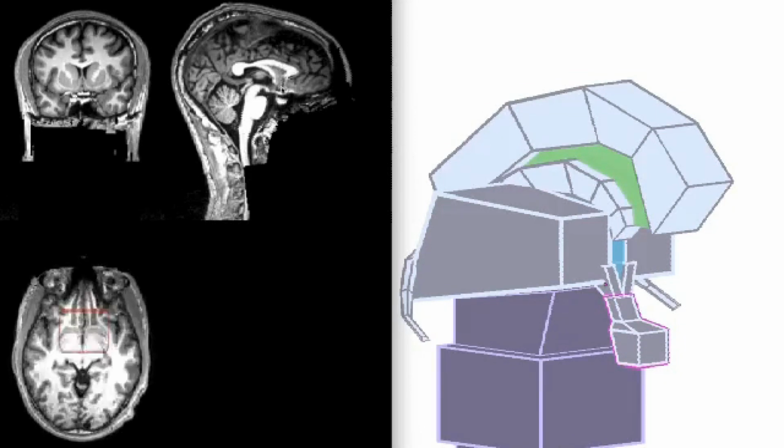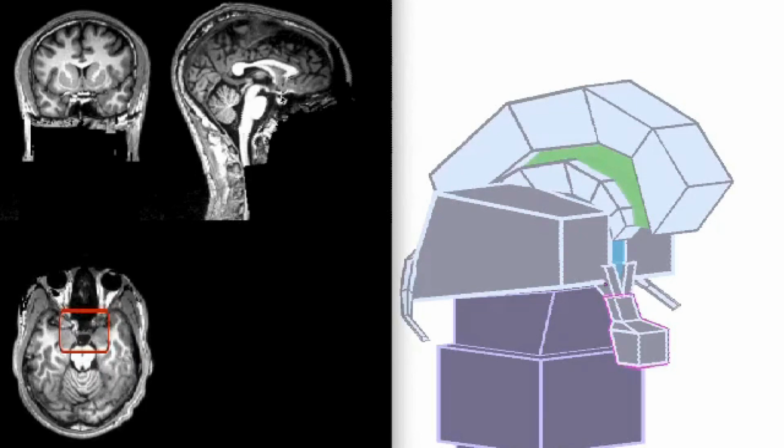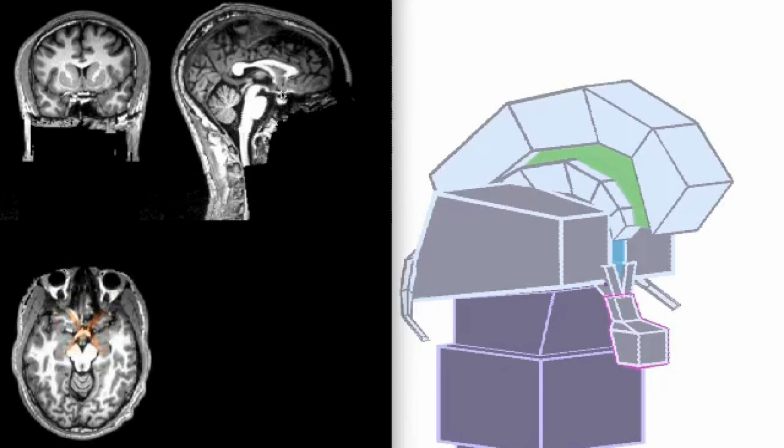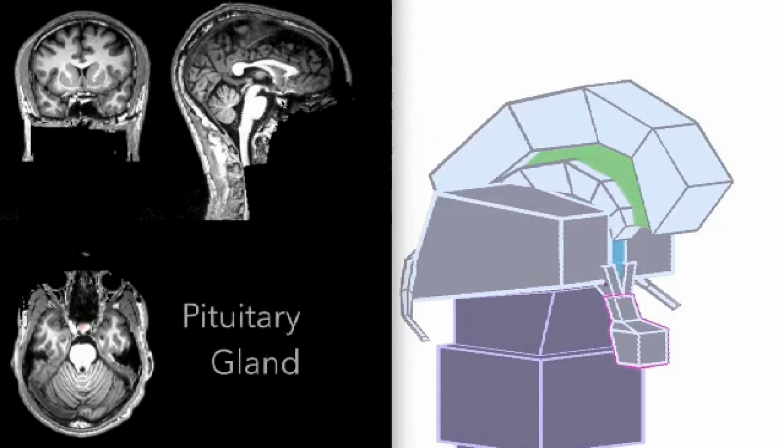And moving down through the transverse plane, can you see that X shape there? That is the optic chiasm. And sitting just beneath the optic chiasm is the pituitary gland. So that should be it just there. And if we look over at our sagittal image, there it is.